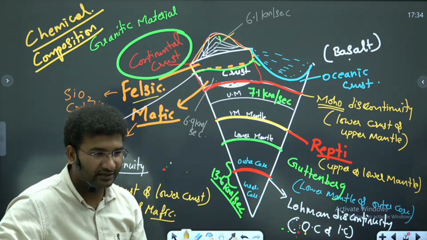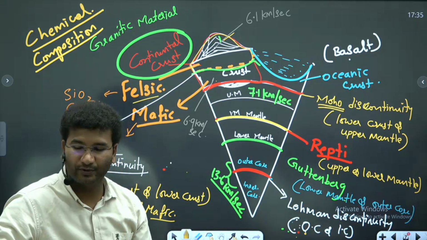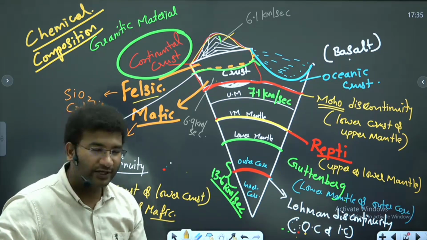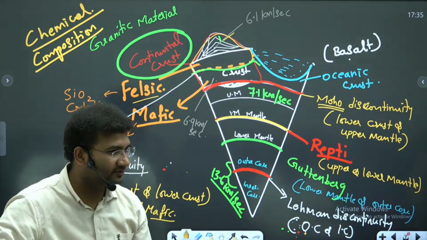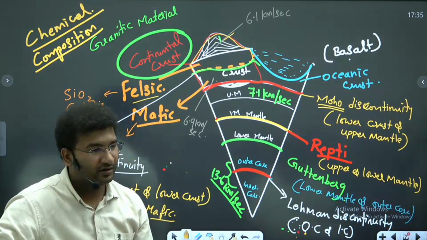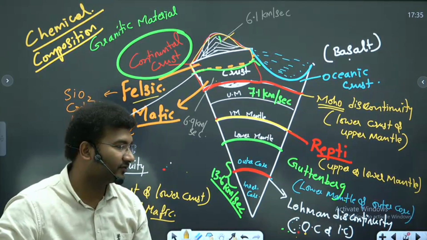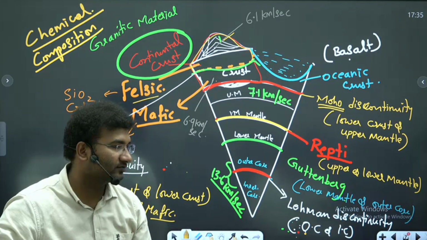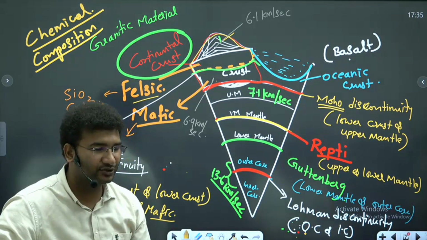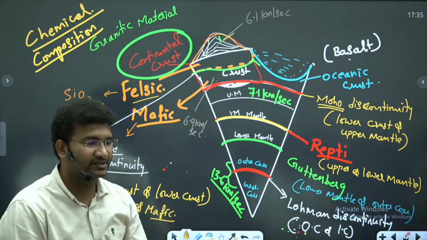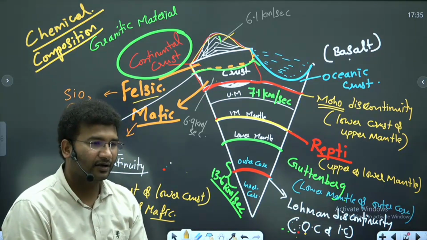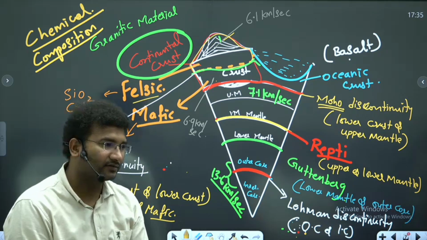Magnesium is 2.09. Sodium 2.83. Potassium 2.5. Calcium, magnesium, sodium, potassium. Oxygen, silica, aluminium and iron.